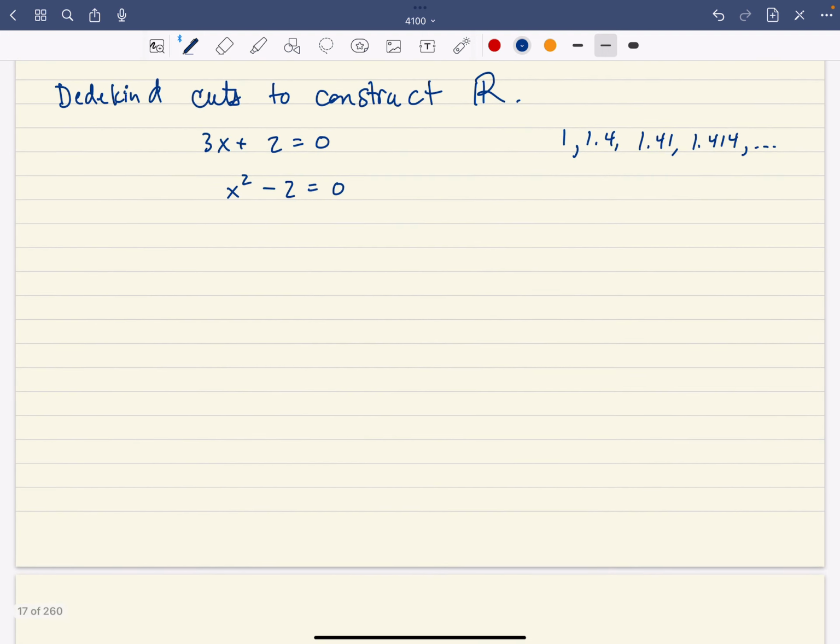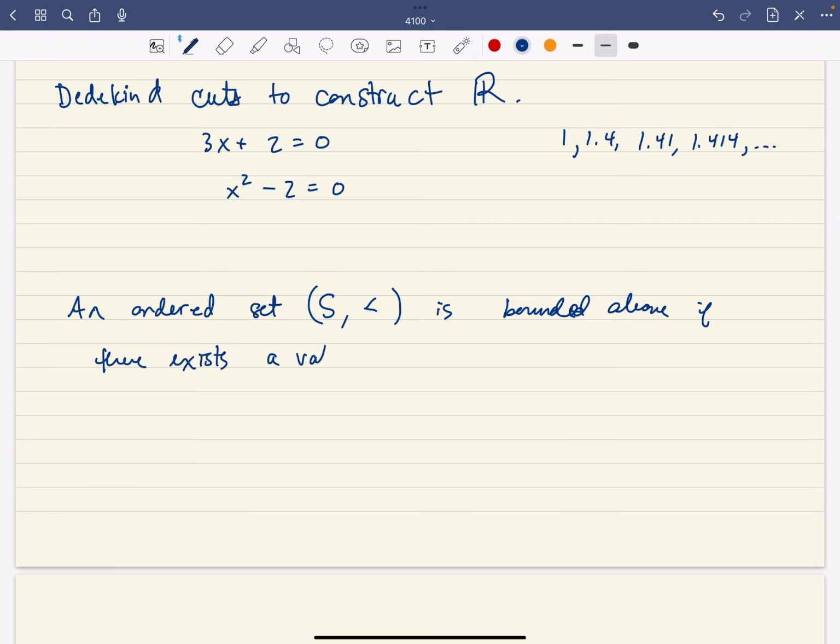But given an ordered set S, with an order that I'm just going to call less than, whatever that means for the given set, a set S is bounded above if there exists a value m so that x is less than or equal to m for all values x in S. Okay, and so an ordered set S is bounded above if there exists such an m. m is called an upper bound of S.